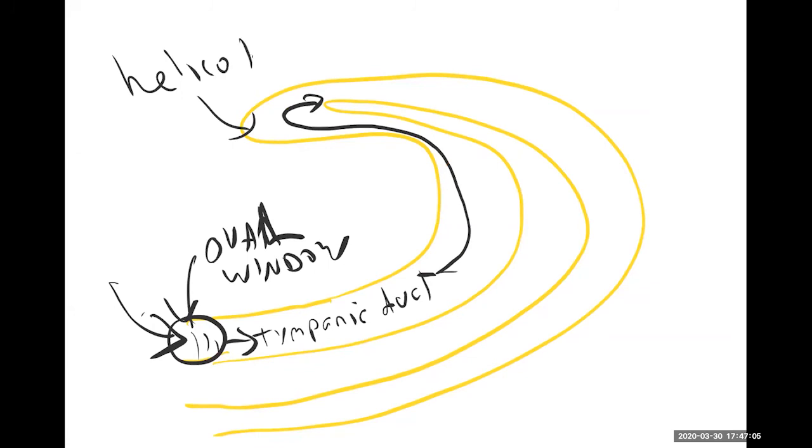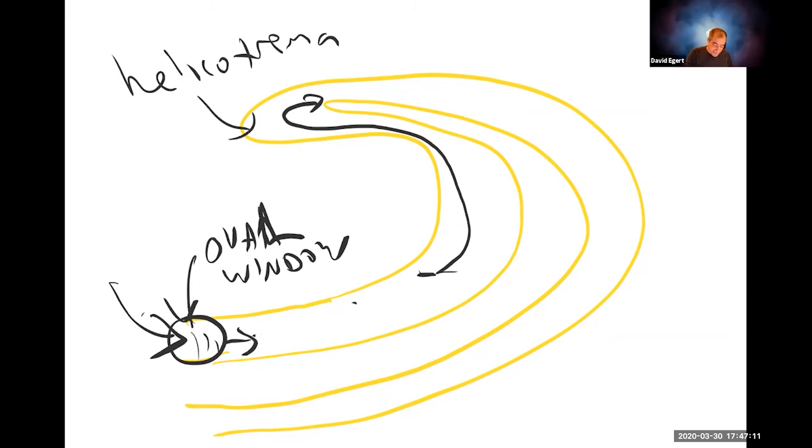Wait, does it go to the vestibular duct first or the tympanic duct? Like I said, it goes into the vestibular duct. Maybe I'll have to go into my Premiere and we'll never know. I'll just rewrite history. I just wrote vestibular duct to start with. It comes back along the tympanic duct.